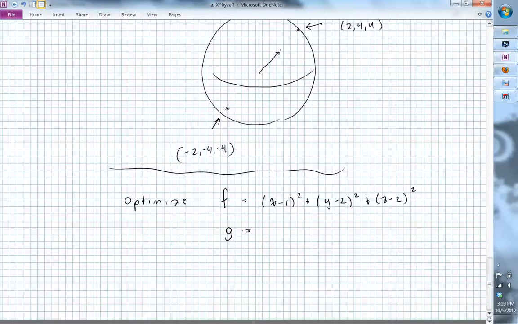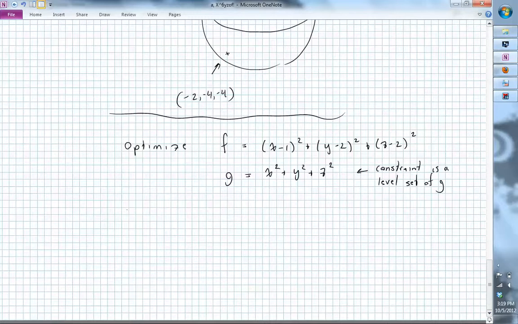The sphere. And the sphere is a level curve or a level set of this function, right? So the constraint is a level set of g.